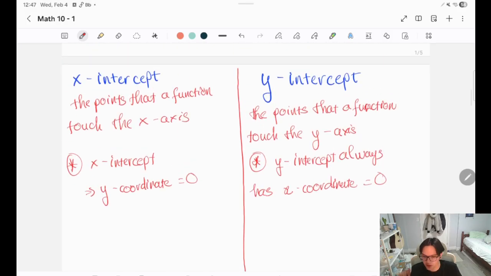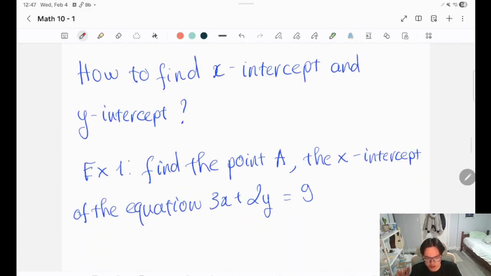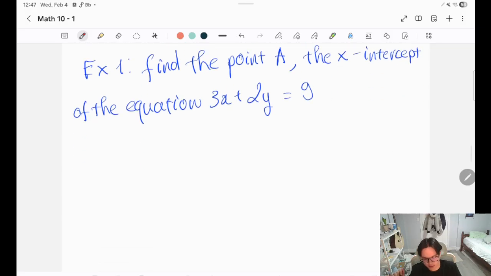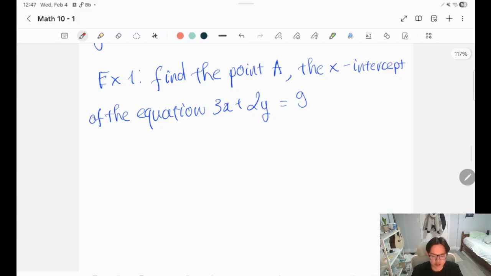Okay, so let's move on to another topic, easier. Here is how to find the x-intercept and y-intercept. I got one example right here. Find the point A, which is the x-intercept of the equation 3x plus 2y equal to 9.